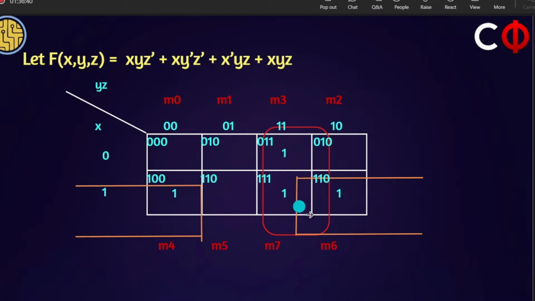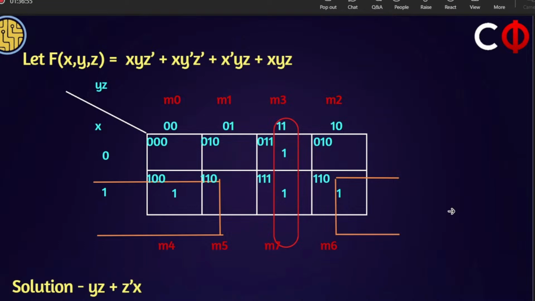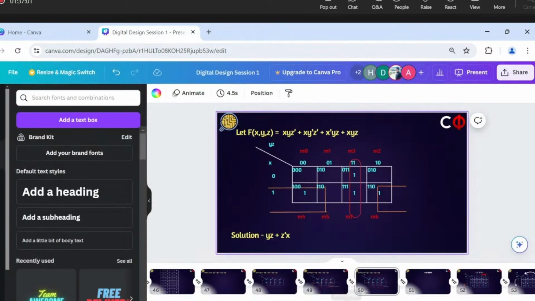So in this orange box, what is not varying? X is remaining at 1. You can see that. And Z is also remaining at 0. So we are going to be writing that as XZ prime. So overall, the end result becomes YZ plus XZ prime. Is this clear or you want me to explain once more? You can put it in the chat.